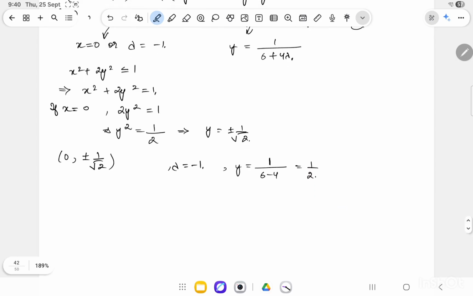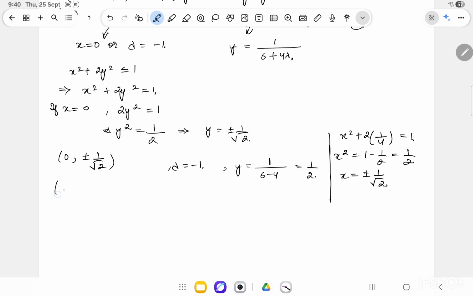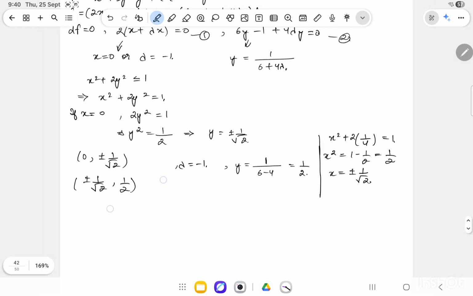And if my y is 1 by 2, let's see what we get: x square plus 2 into y square, that is 1 by 4, equals 1. So x square is equal to 1 minus 1 by 2, that is 1 by 2 only. So x will be plus minus 1 by root 2. So other points are plus minus 1 by root 2, 1 by 2. So these are the 4 critical points.